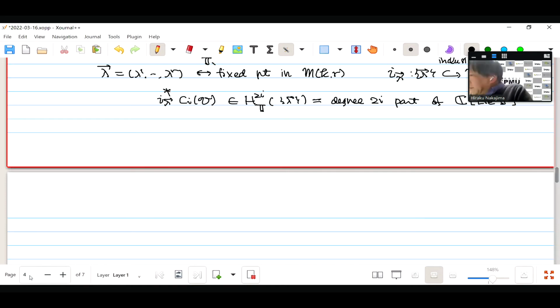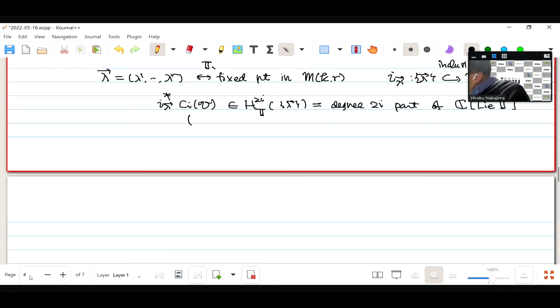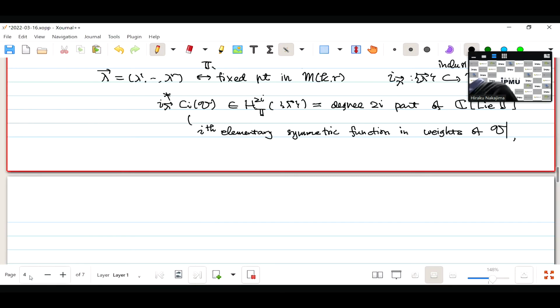So this is determined by weights. This is a polynomial defined in terms of weights. In fact, this is the i-th elementary symmetric function, and the variables are the weights of V restricted to this fixed point.